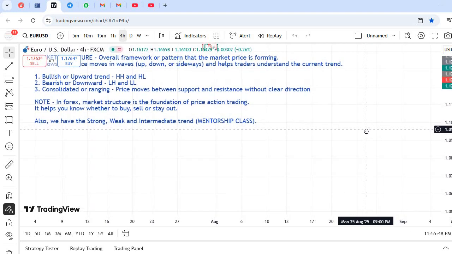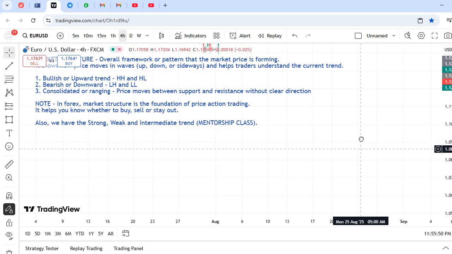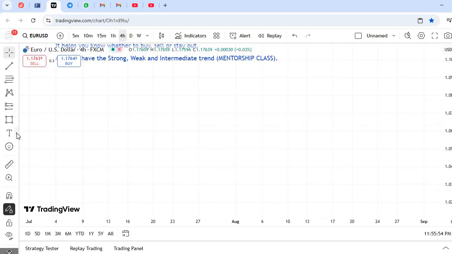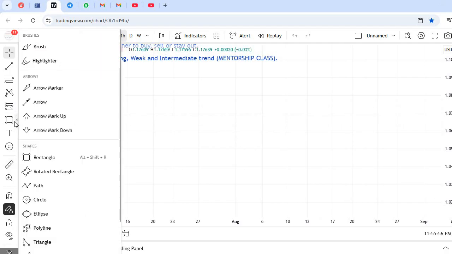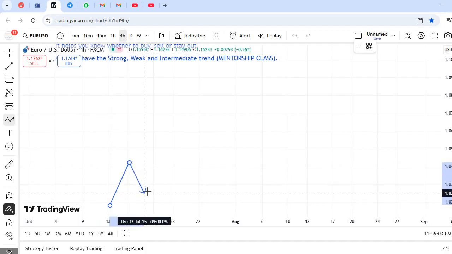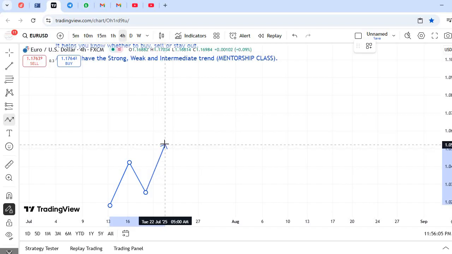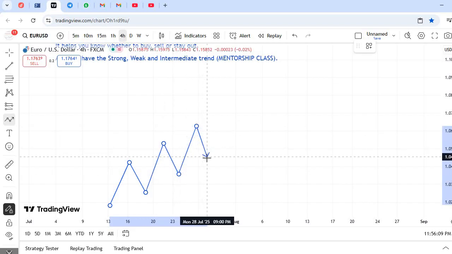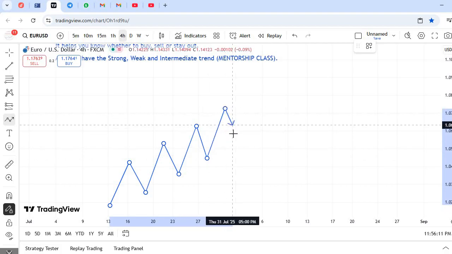Under the bullish or the upward trend, the market is giving us a series of higher highs and higher lows. So we have something like this: an impulse, correction, impulse, correction, impulse, correction, impulse, correction.